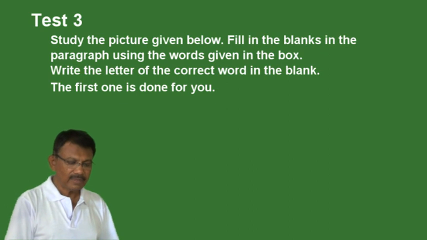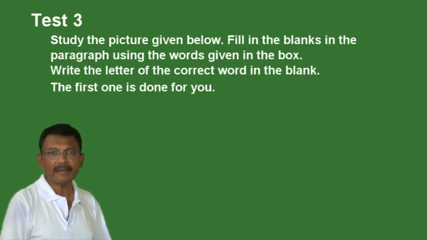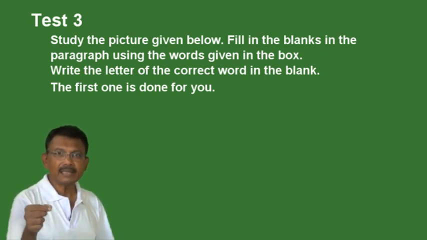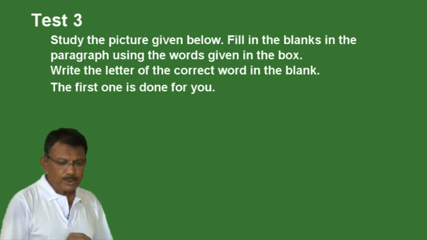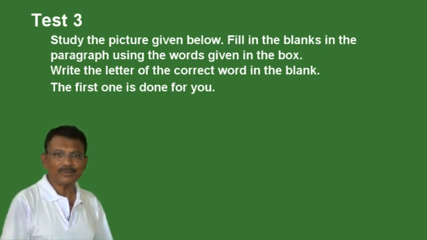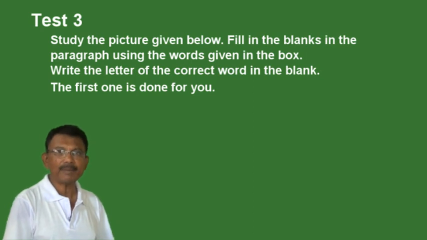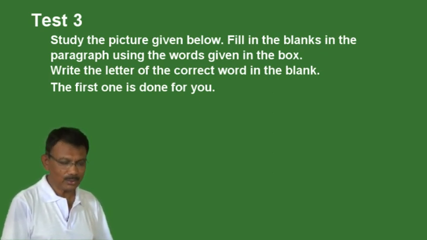Write the letter of the correct word in the blank. The first one is done for you. That means the first gap is filled. First gap has already been filled, so you don't have to do that.